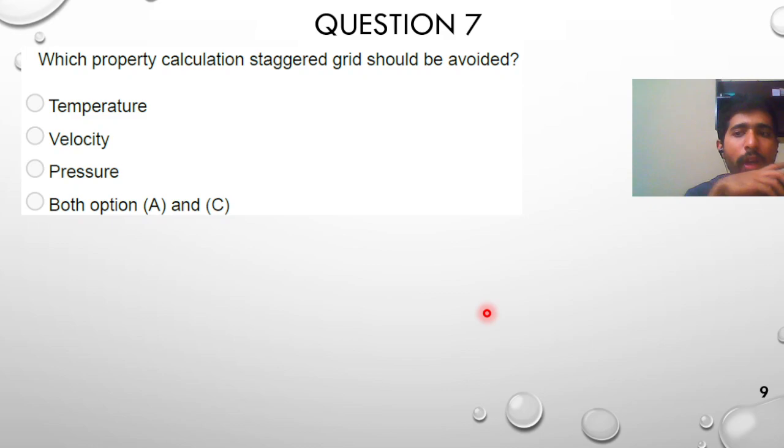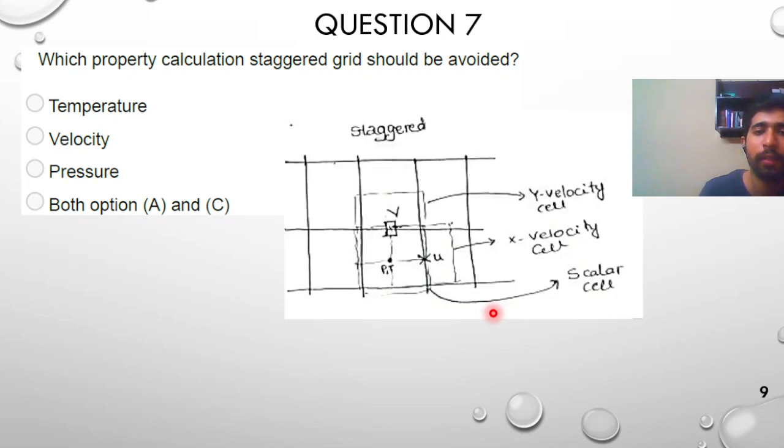Basically, for which property calculation can you store the variables at the centroid of the control volume? Pressure is correct, but any scalar variable we can also store at the centroid of the control volume.